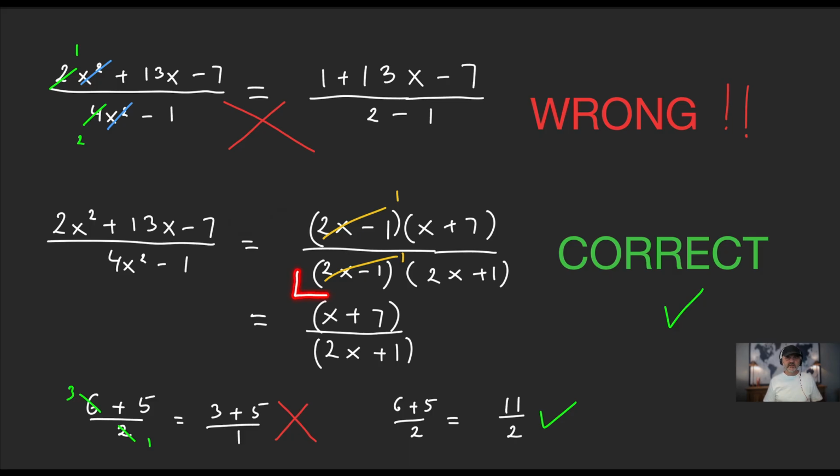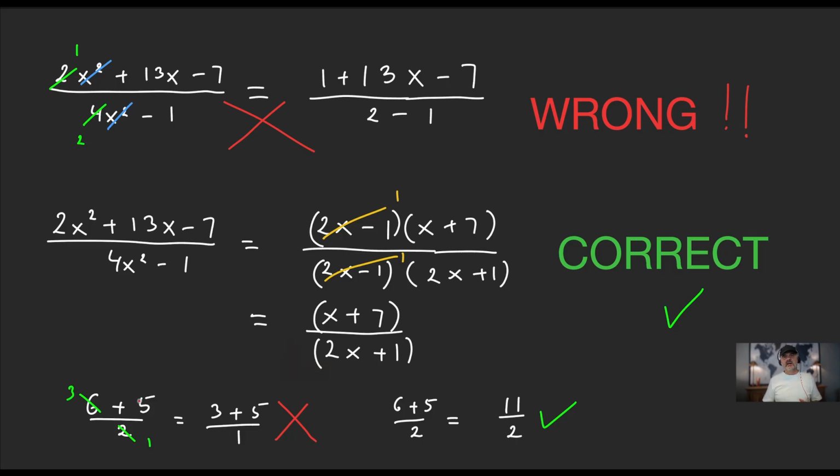When you factor first, then you cancel and reduce the expression, it is correctly done. Hopefully by now you will keep that in mind. That's a very common mistake that people tend to make, and you will avoid that.